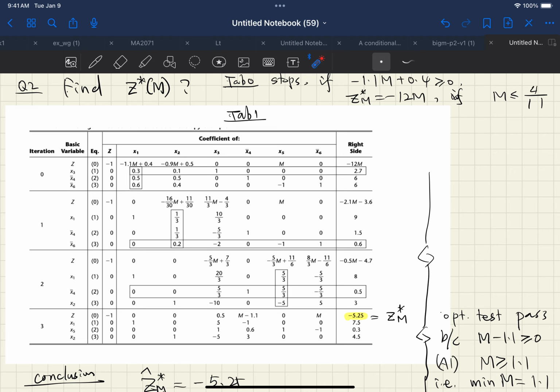The smallest number here is this one, so this entry is positive. At this moment, this is the optimal value, and ZM star equals negative 0.2M minus 3.6.